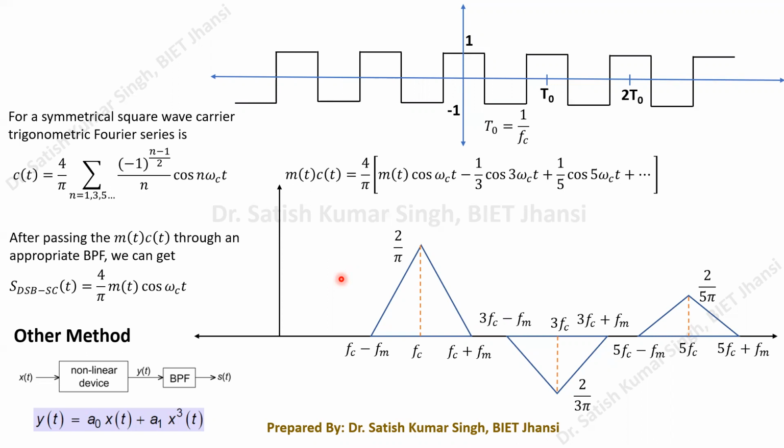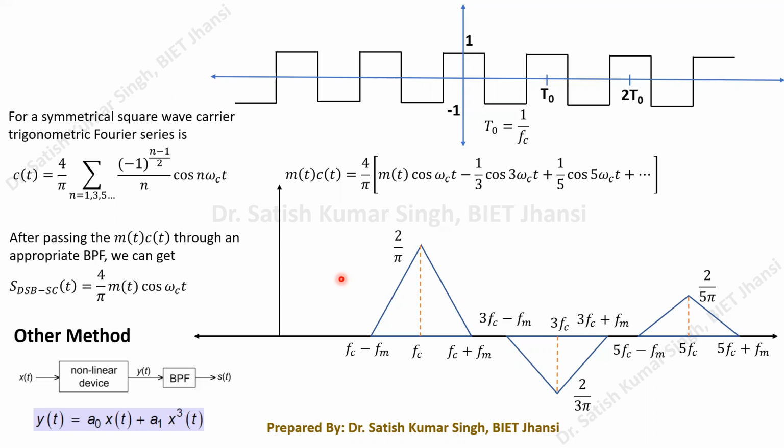So far we have seen amplitude modulation, that is our conventional AM, followed by the double sideband suppressed carrier modulation scheme. As I said, conventional AM is neither power efficient nor bandwidth efficient.